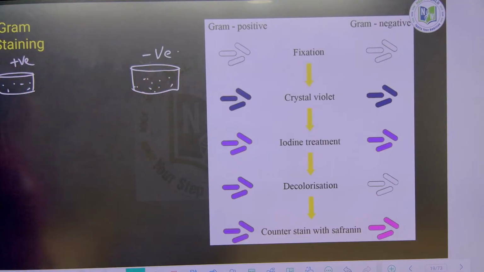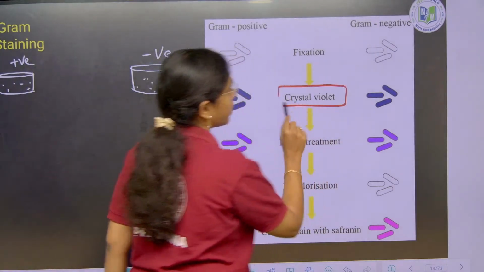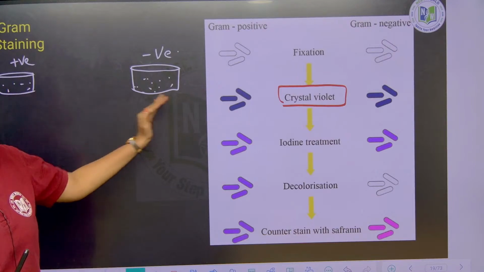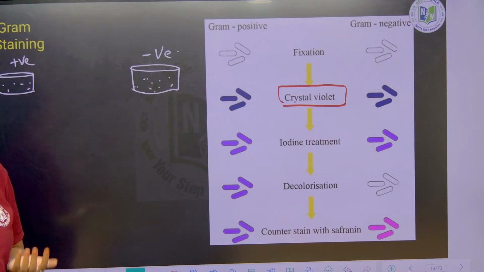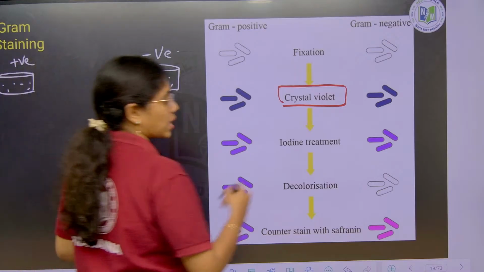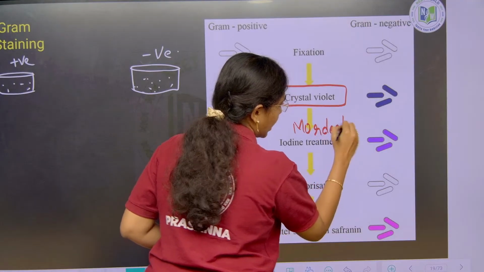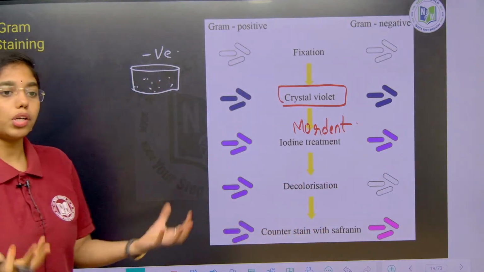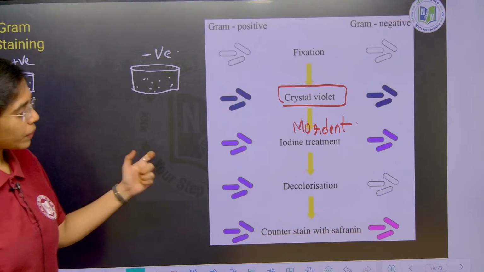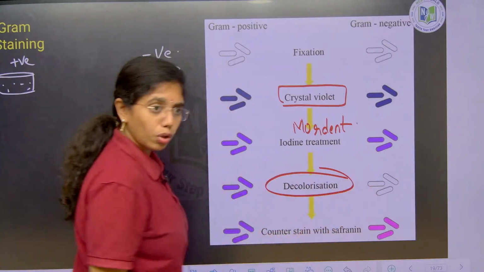We add the first dye, that dye is what? Crystal violet is added to both the petri dishes, and then it is washed with alcohol, then treated with a mordant, that is iodine, so that after washing it off the stain will settle back. After that it is decolorized again, and both of them will lose the color.